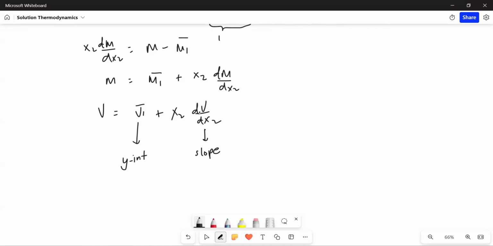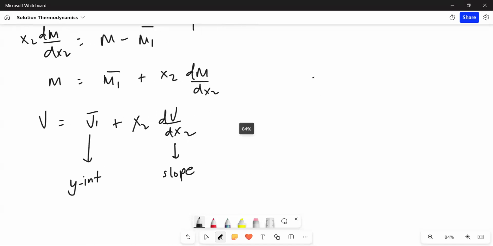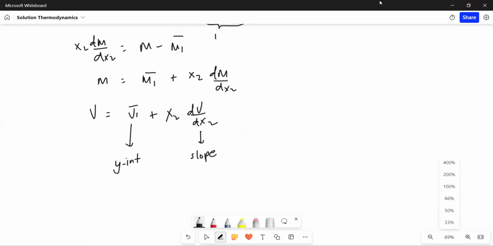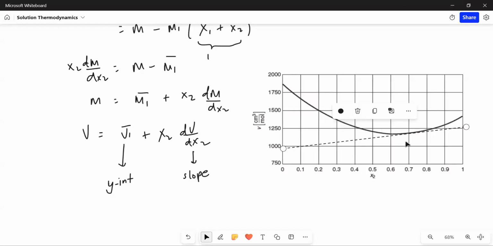Since this is the equation of the line at x2, let me copy paste the diagram of the data of molar volume versus x2.